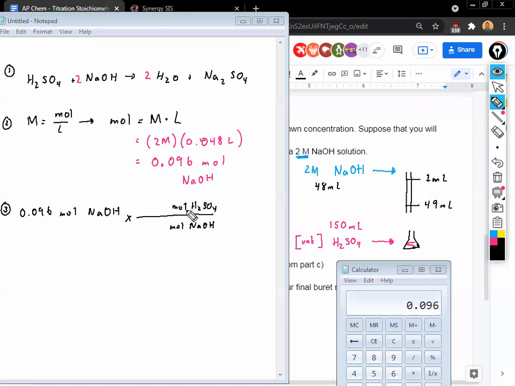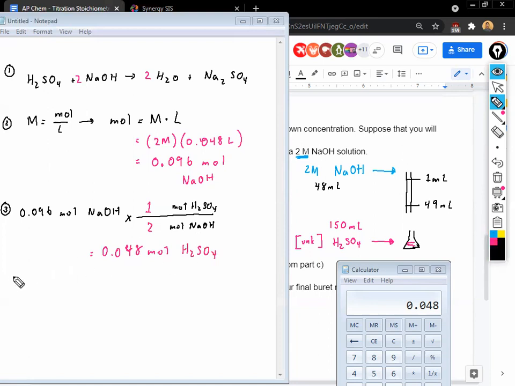Since we have moles and moles on the same fraction, where do we get the numbers from? Yeah, the chemical equation. The number in front of NaOH is 2, as H2SO4 is 1. So we just need to divide it by 2. If you notice, it's also the reverse of what we did here. And so the amount of acid that was in the flask was 0.048. That's the moles of acid.